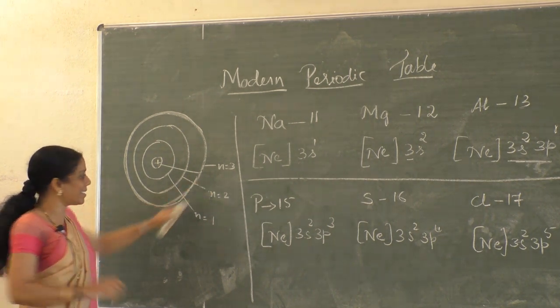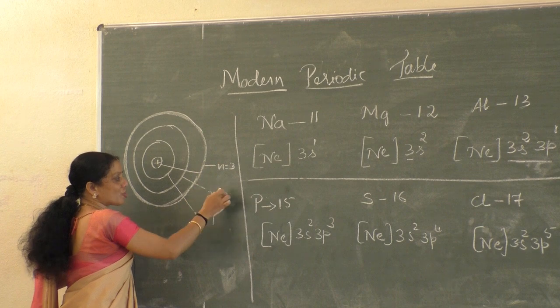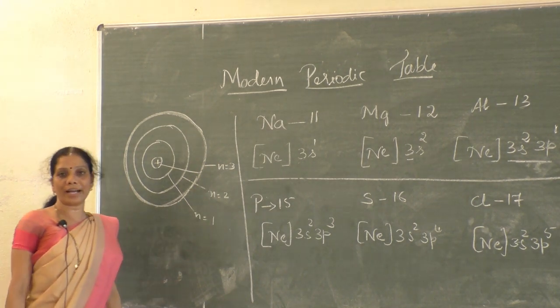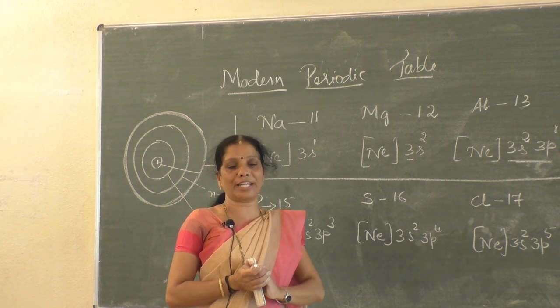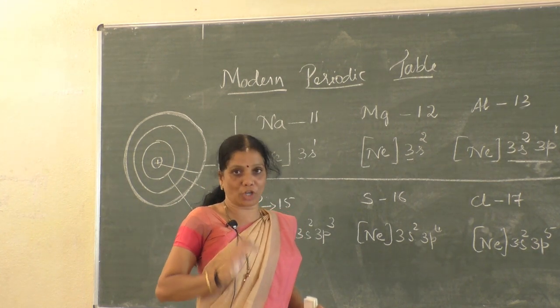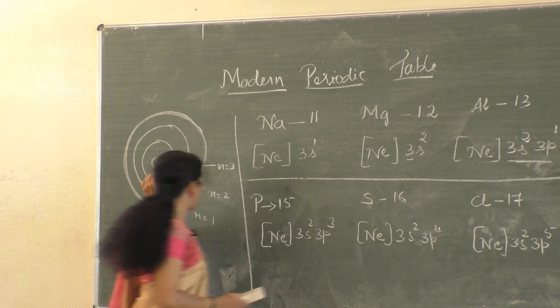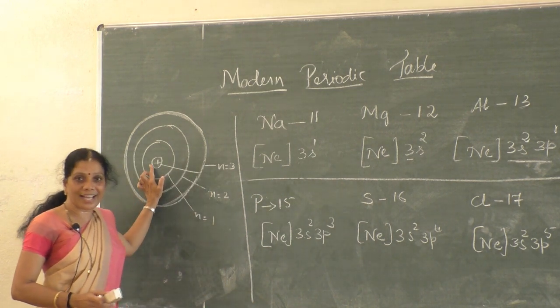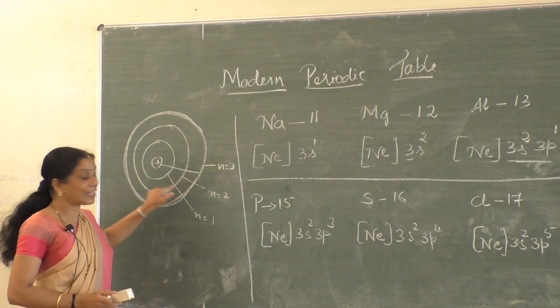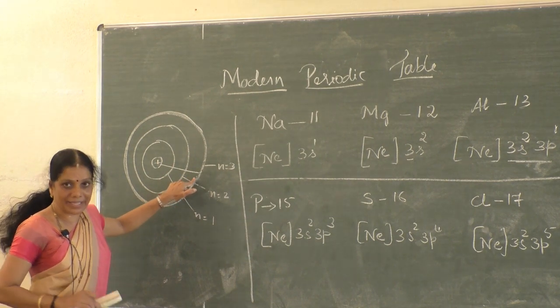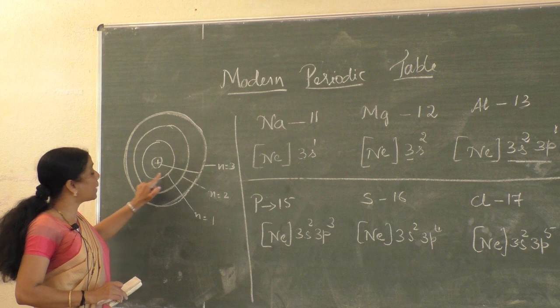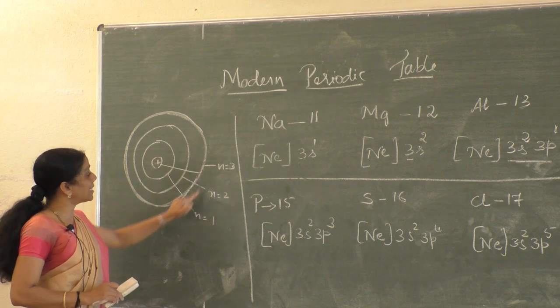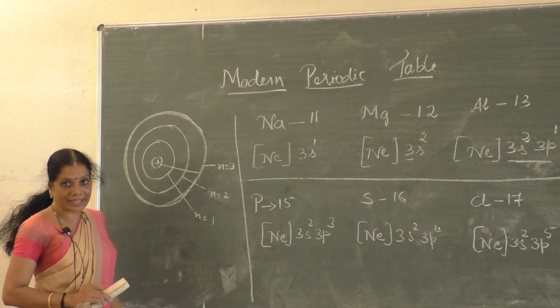But what happens as the number of electrons increases? We know that an atom always contains the same number of electrons and protons. For example, if you consider sodium, 11 protons are there here, and 11 electrons are present in the different main energy levels. For example, magnesium, 12 protons are there here and it contains 12 electrons in the different main energy levels.